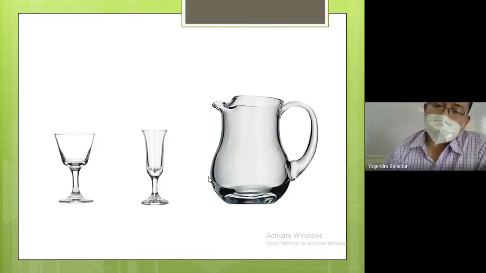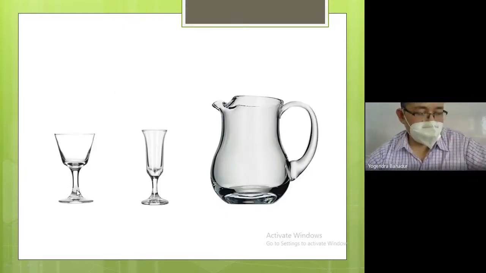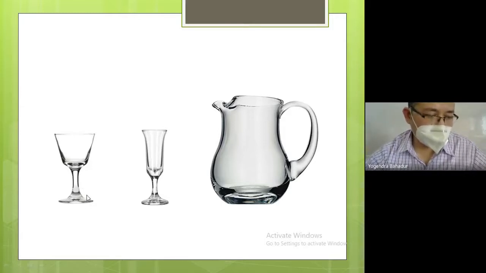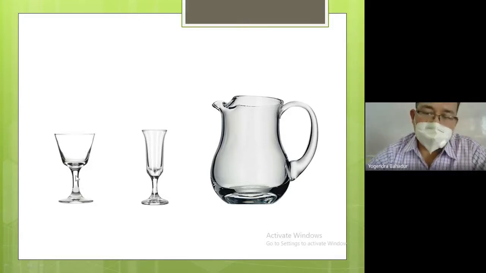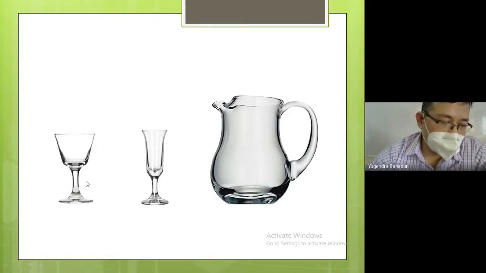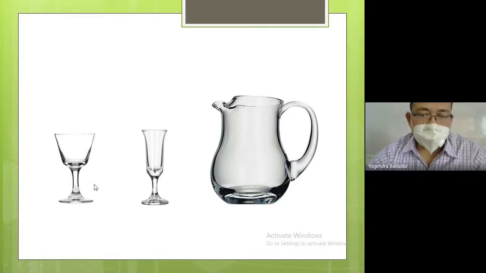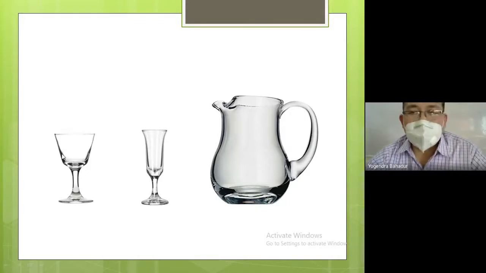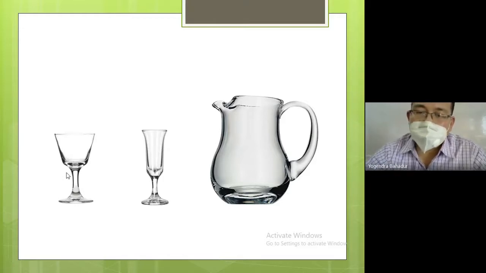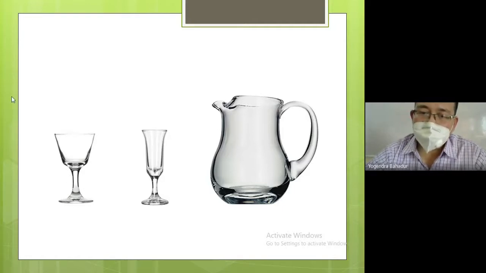Moving further. If you see the picture, the glass on the left side is known as the SOUR glass, S-O-U-R, or whiskey sour glass, because there is a cocktail known as whiskey sour, where we mix whiskey with one egg white and lemon juice, shake it thoroughly, and then serve it in this glass.